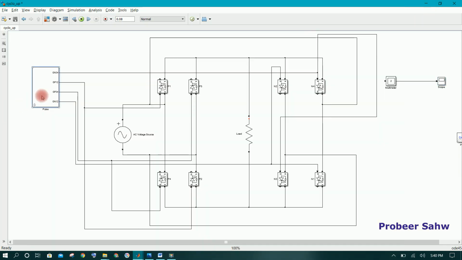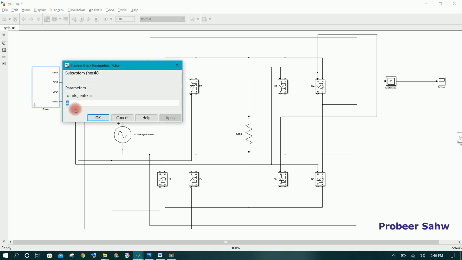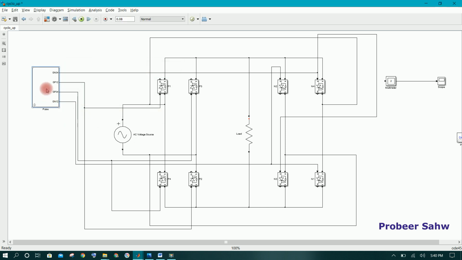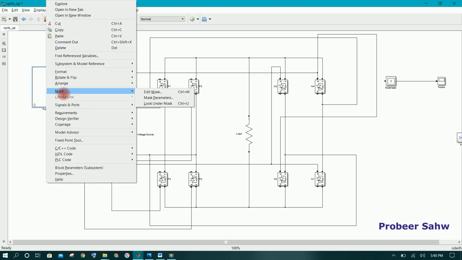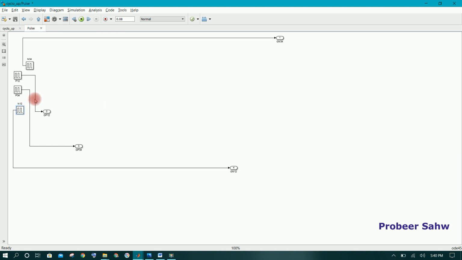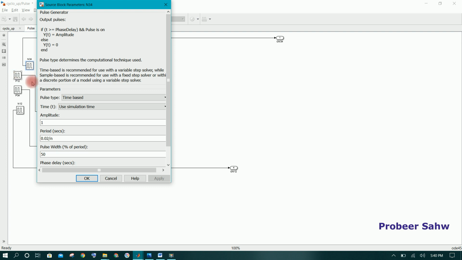the parameters inside. Now we cannot go inside the subsystem by double clicking it, so we have to select it, right click, and within this mask we have to choose the option look under mask. So we go into this block. We must check the parameters.